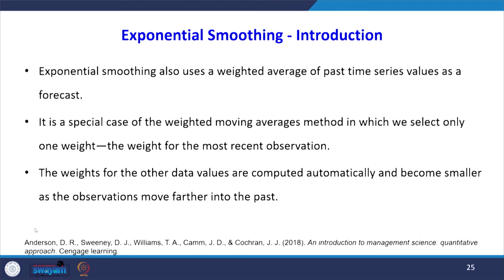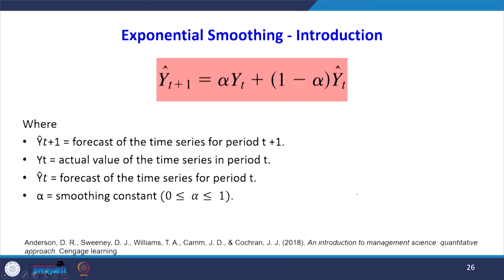It is a special case of the weighted moving averages method in which we select only one weight, that is the weight for the most recent observation. The weights for the other data values are computed automatically and become smaller as the observations move farther into the past. That weight we are going to consider as alpha, another name is smoothing constant.